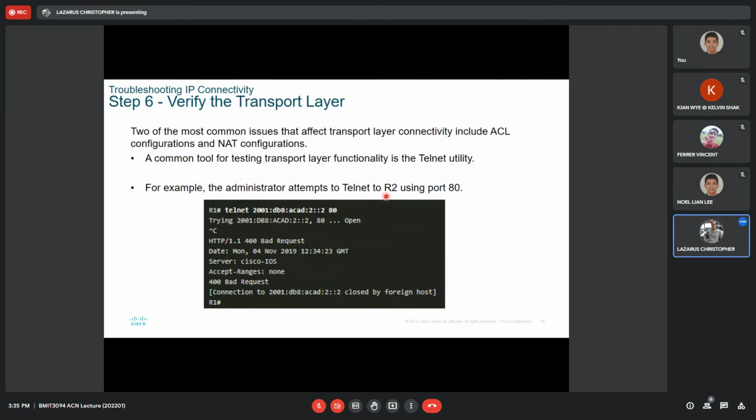Port 80 is basically expecting HTTP, but telnet is not HTTP. So you try to connect to port 80, and then there's a problem. Then you can test telnet to connect to its telnet port and see whether it can connect or not. So you can verify port-level transport layer.